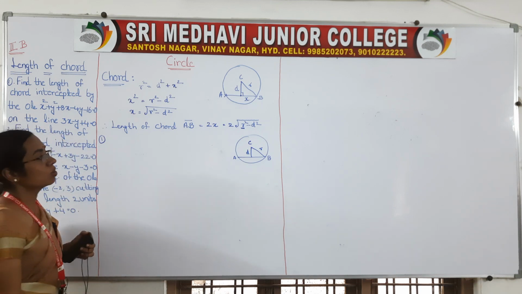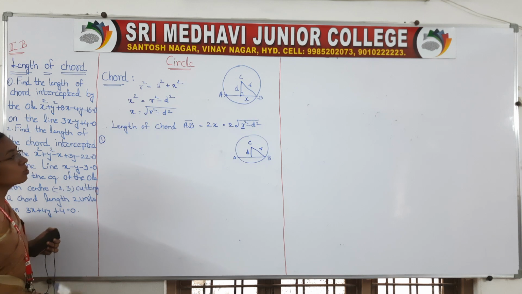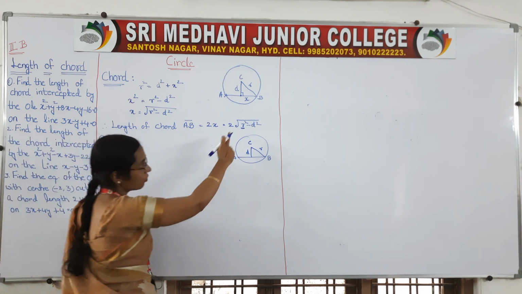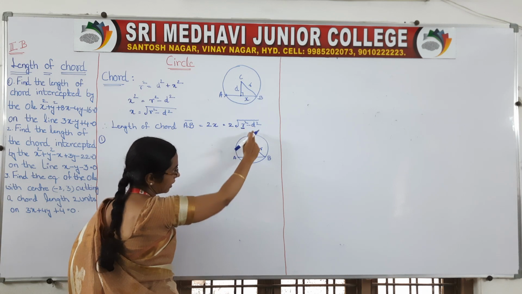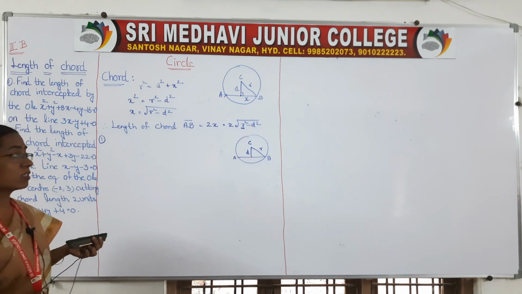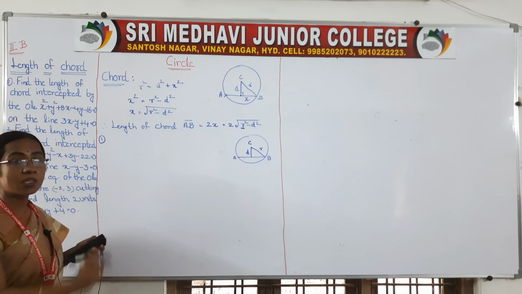Okay, so this is the diagram for length of the chord. So if we want to find length of the chord of any circle, we need two things, r and d. So try to find out r and d. r is nothing but radius of the circle, d is nothing but perpendicular distance from center to that line.